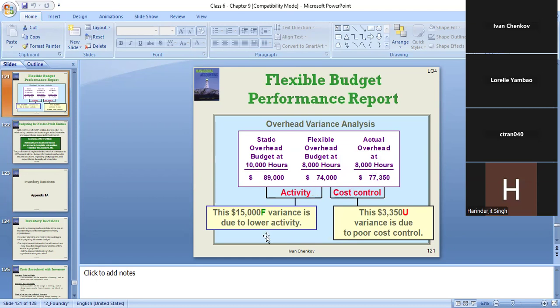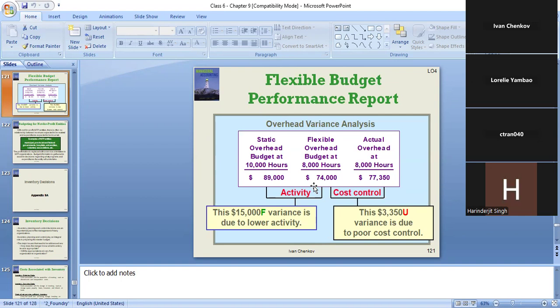For that reason, the first variance will be based on the activity. When we compare the static budget versus the flexible budget, that gives us our activity level, because now the activity changes. And the next one, once we move into the flexible budget, we compare the flexible budget with the actual results. That calculation we're going to use for cost control.